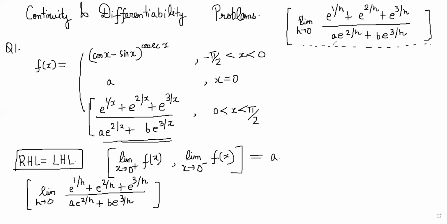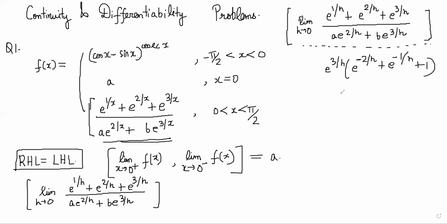Think about what we can do here. It is all infinity powers, right? If it was negative infinity, e power negative infinity is 0. So it will be nice if I can take something common and get negative infinity on top. If I take e power 3 by h common from the top, it will be e power minus 2 by h plus e power minus 1 by h plus 1.